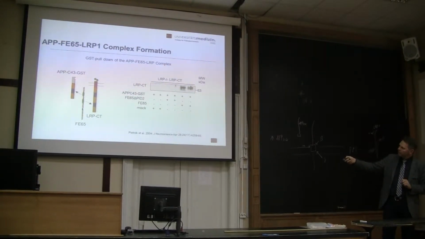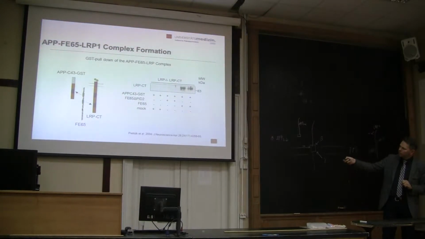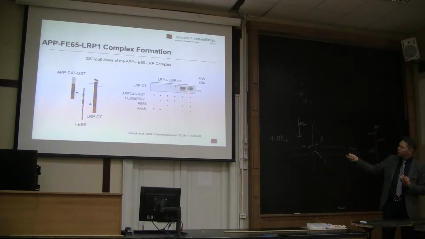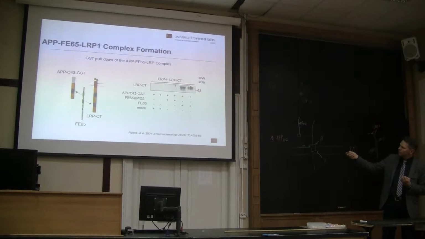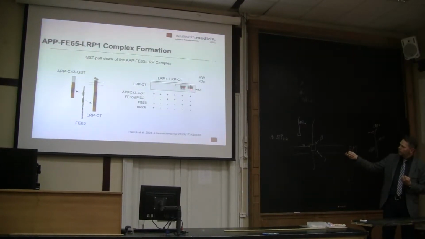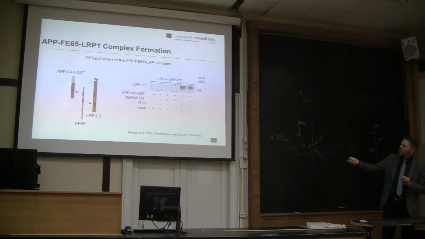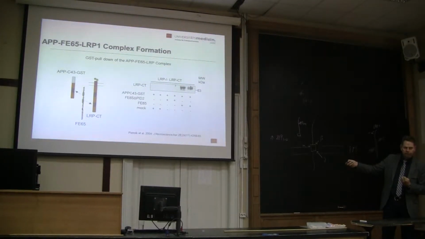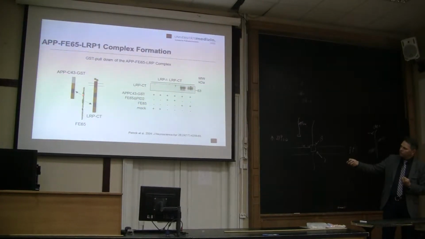And when we then came back with this soluble fragment, the GST-tagged APP fragment, and pulled down the whole lysate, we could only see LRP when we came back with an LRP antibody, because APP was pulling down Fe65, and we could show that LRP is in there. And when we truncated this Fe65 construct so that this domain couldn't bind to APP anymore, we couldn't see anything at all.